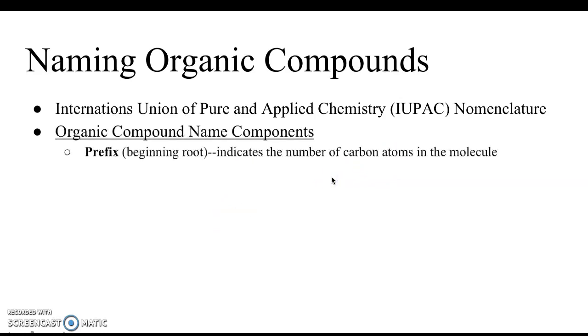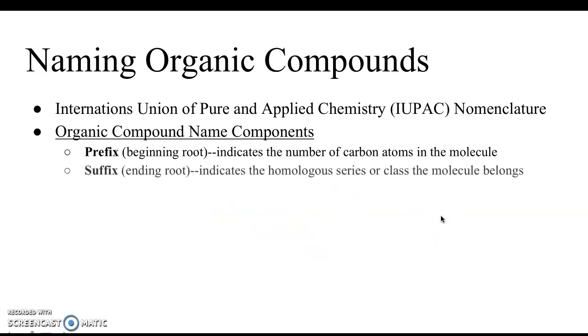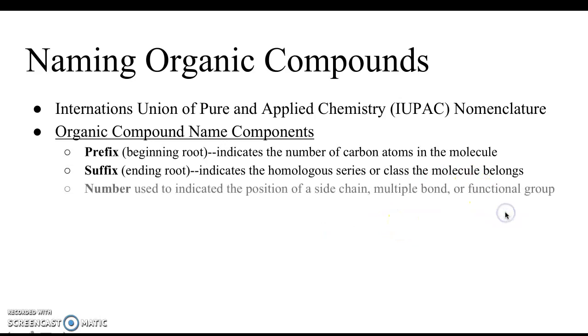So there's a few different components for organic compounds. We have the prefix or the beginning root. This is going to indicate the number of carbons in our chain or our ring. The ending root or suffix is going to indicate what series or class the molecule belongs to, such as the A and E, E and E, Y and E that I just pointed out for our homologous series.